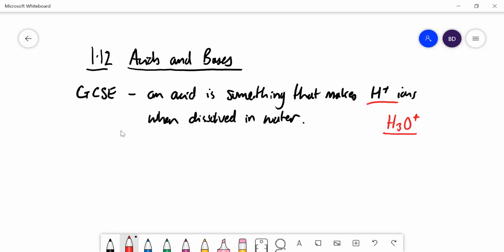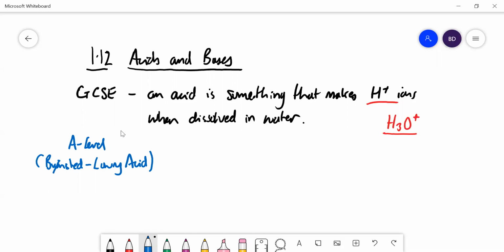So we're going to change that to our A-level definition. This is called a Bronsted-Lowry acid. I think that O should have one of those funny Danish strokes through it, because he was Danish. That's their definition of an acid.